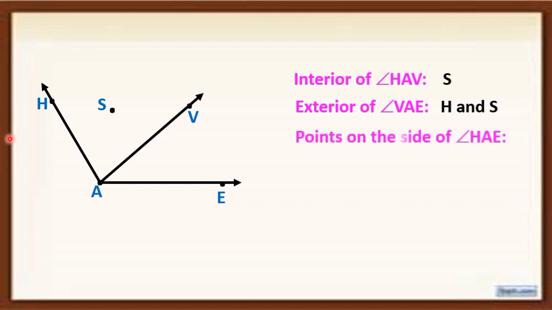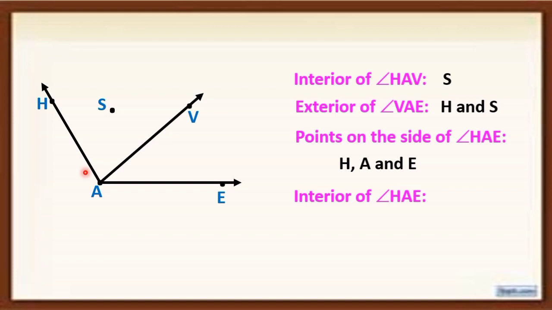Next, what are the points on the sides of angle HAE? So, when we say points on the sides of angle HAE, ano yung mga points na makikita sa side of angle HAE? So, the answer is H, A, and E. Okay? Next, how about the interior of angle HAE?